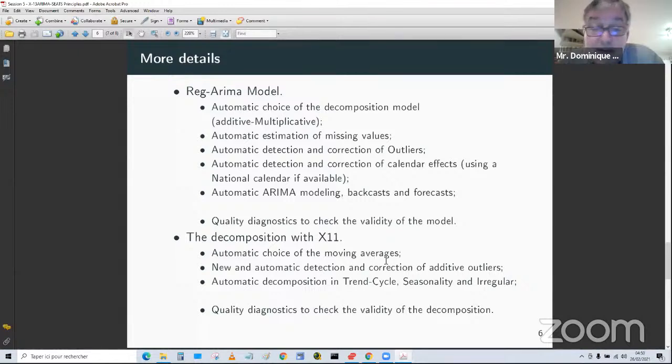But X11 doesn't care about ARIMA modeling. So at the end of the day, you will have a problem because it's a crisis, but the problems will be less important by nature, by design, when you are using X11, X12, than when you are using TRAMO-SEATS.